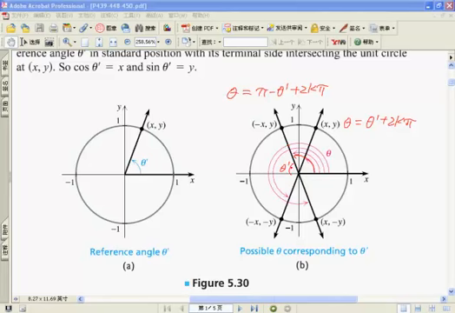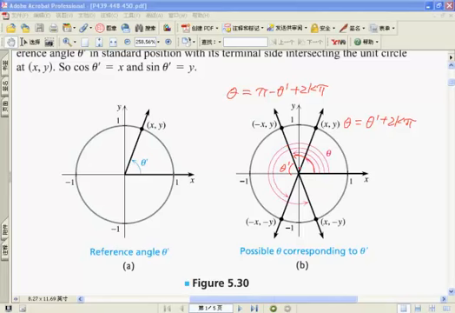It's in quadrant 2. Then the acute angle formed by this terminal side and the x-axis must be this angle, right? So in this case, theta has theta prime as the reference angle. So this is the second case.